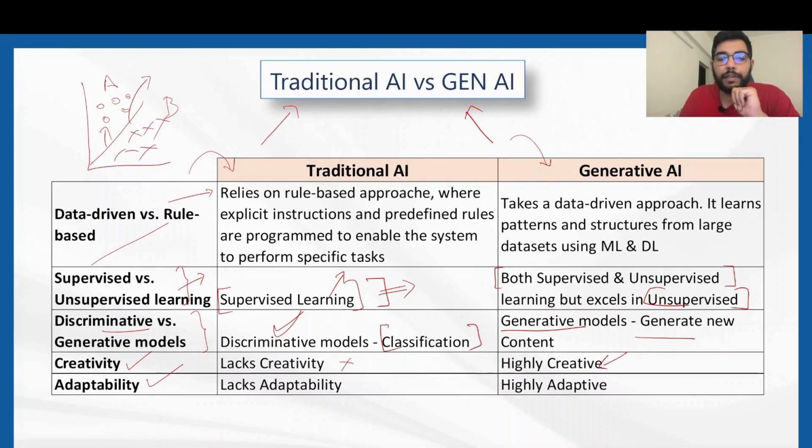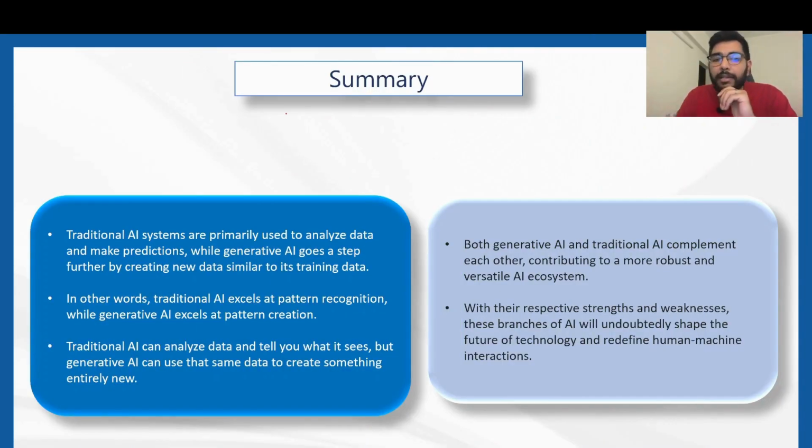Coming to the last point of difference, that is adaptability. Traditional AI lacks adaptability, whereas generative AI is highly adaptive, right? That is obvious. So summarizing our whole discussion, traditional AI systems are primarily used to analyze and make predictions, while generative AI goes a step further by creating new data similar to its training data.